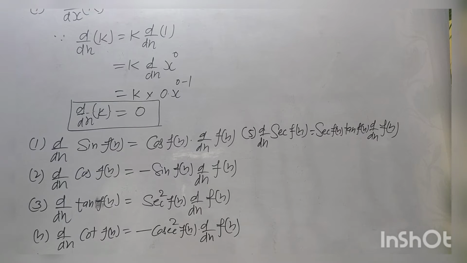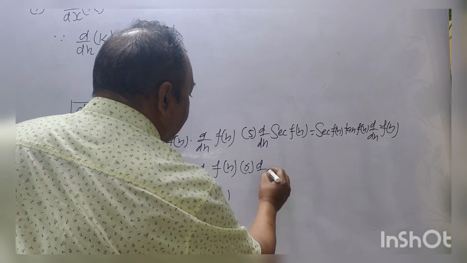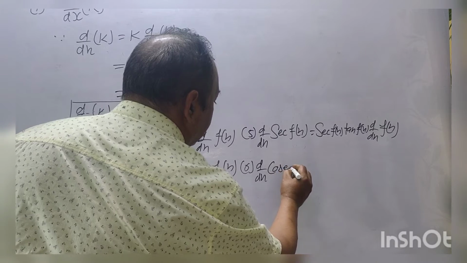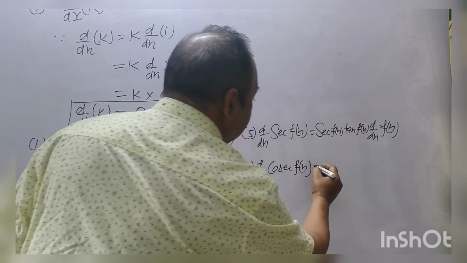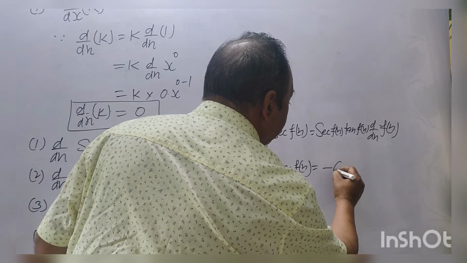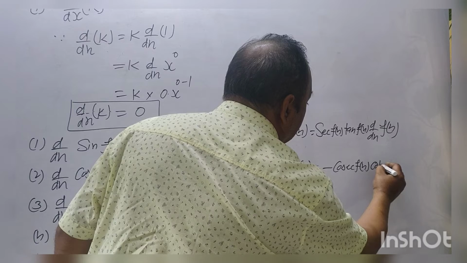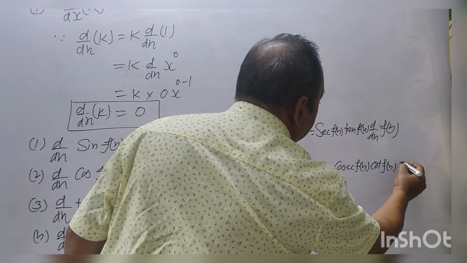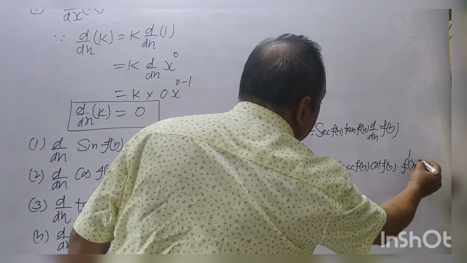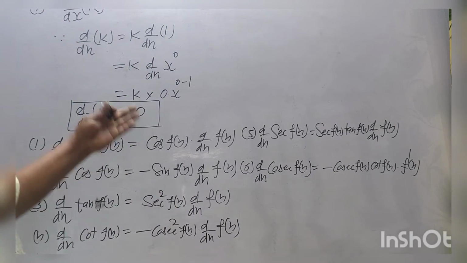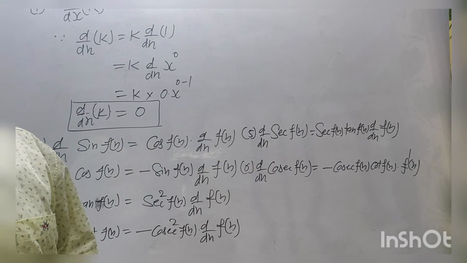And last is derivative of cosecant fx, that is equal to minus cosecant fx into cot fx into further derivative of fx, that is written as f dash x, or this is also called chain rule.